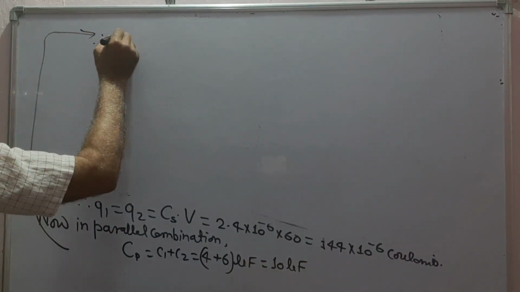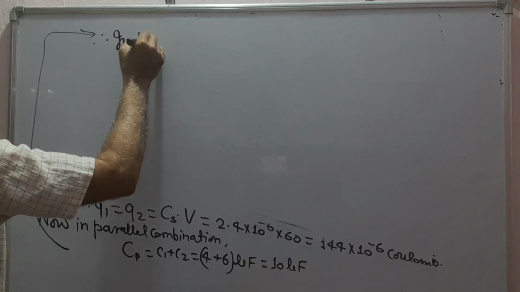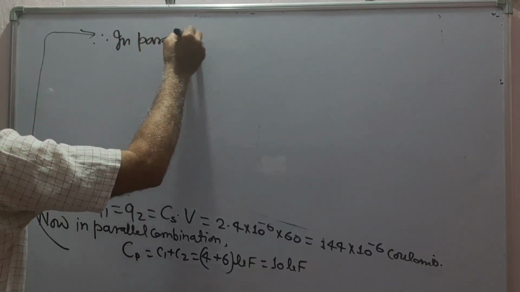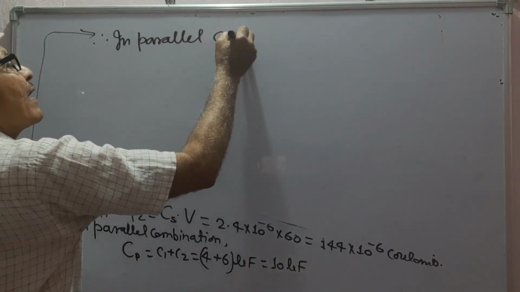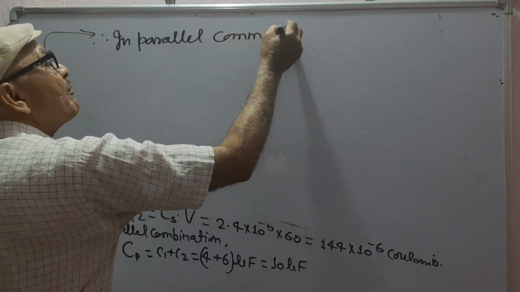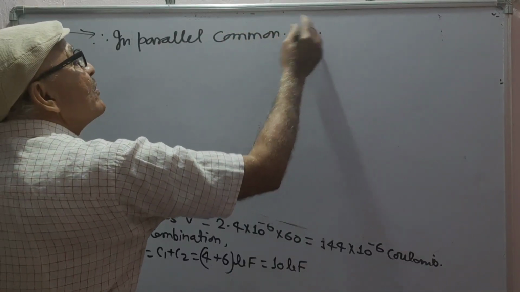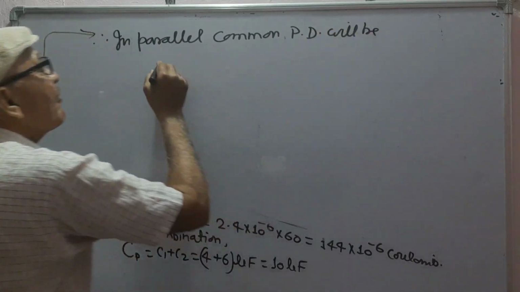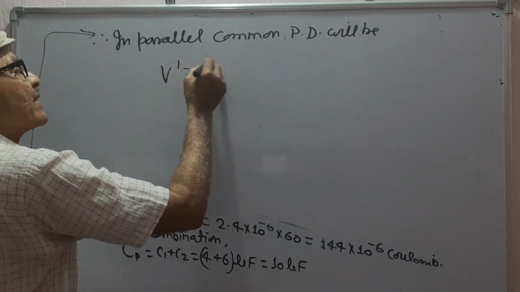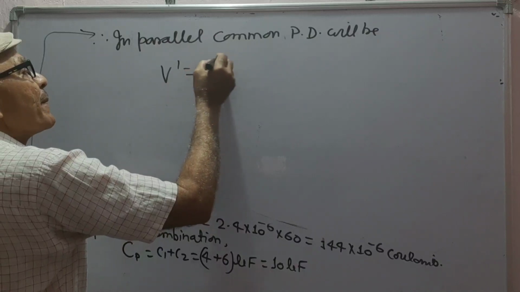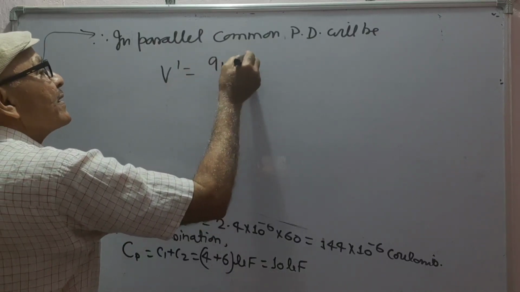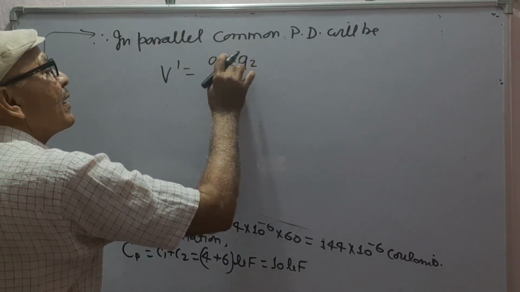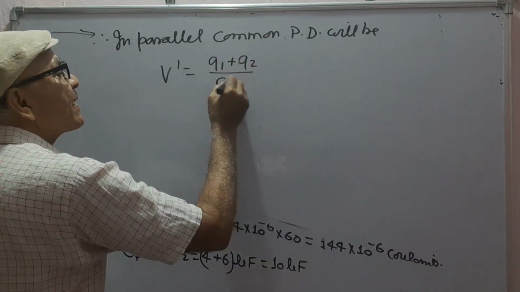Therefore, in parallel, common PD will be equal to V dash is equal to total charge upon C parallel, Q1 plus Q2 upon C parallel.